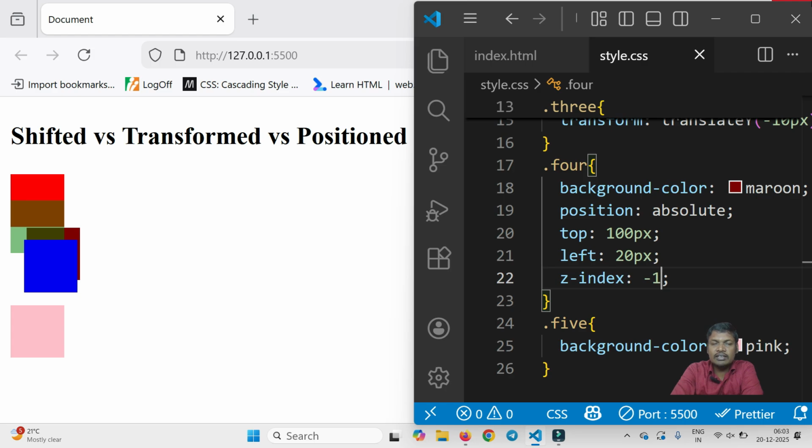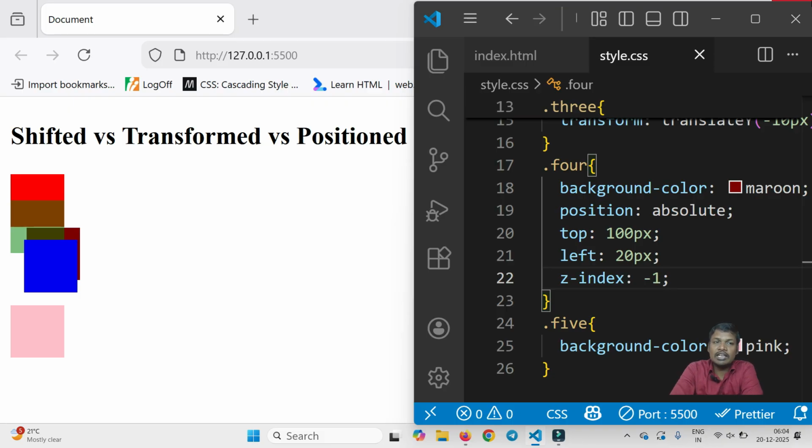Okay, you have learned what shifted, transformed, and positioned elements are. The positioned element is the real overlapping element. Shifted and transformed elements are not real overlapping; they never support the z-index value. They are still in the normal document flow only. The real concept is that a shifted element is positioned over the normal element.